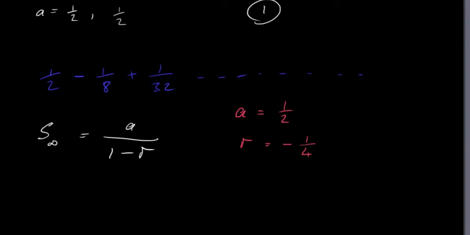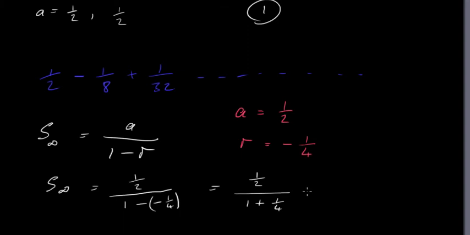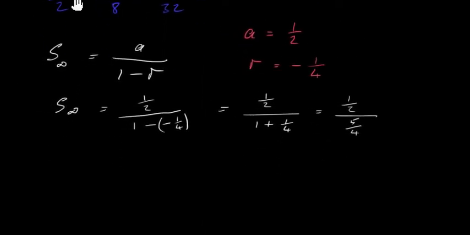So what will this give us then? Our sum to infinity of this particular series is a, which is a half, divided by 1 minus minus a quarter. So that will give me a half on the top, and on the bottom I'll get 1 plus a quarter. That's 5 over 4, I think it is, isn't it? 4 ones 4, 5 over 4, yeah, 1 and a quarter. So we're dividing by a fraction here, so let's do it over here.